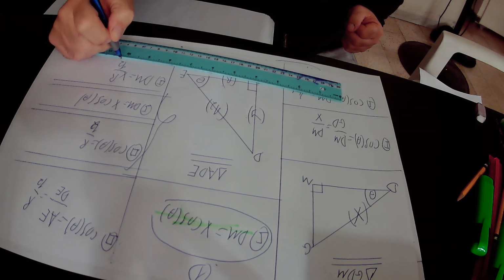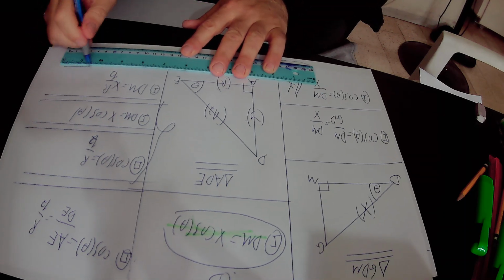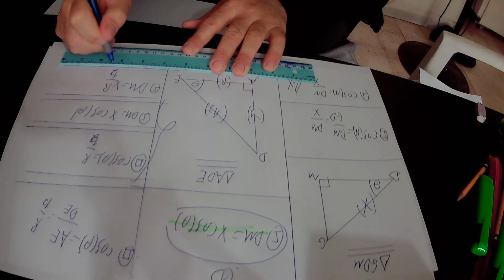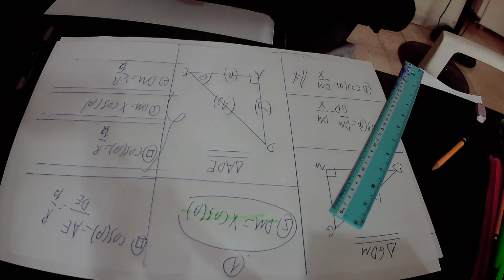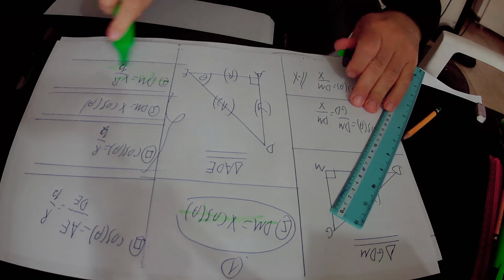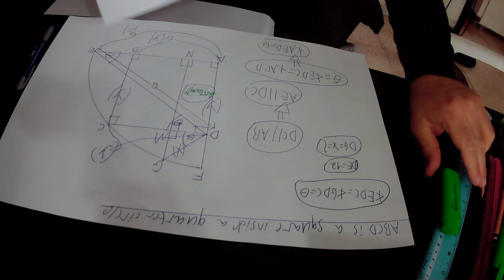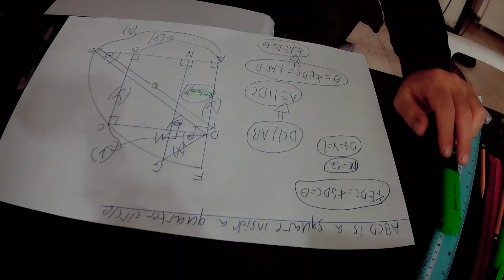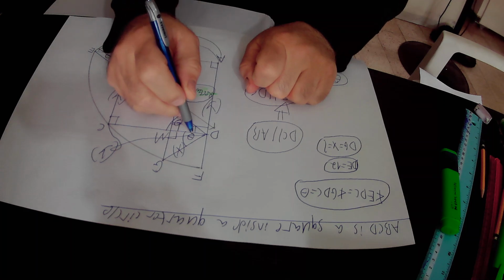So in total we found out that DM equals xR over 12. This is side DM, that equals xR over 12.